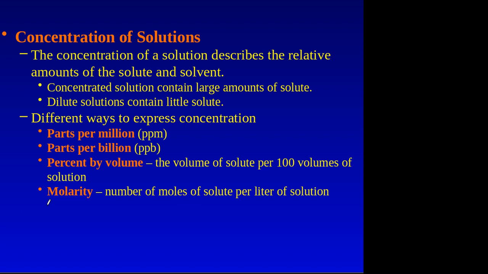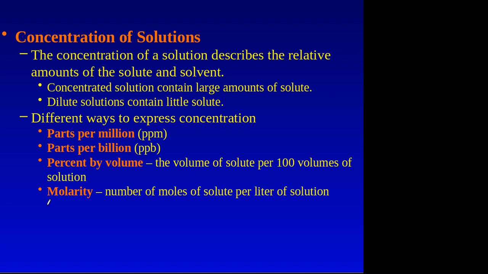Now, molarity is great for chemistry because moles count the number of atoms of things. And so if we know how many moles there are per liter of solution, we know the driving number of atoms in chemical reactions. And so molarity is the good way to talk in chemistry.